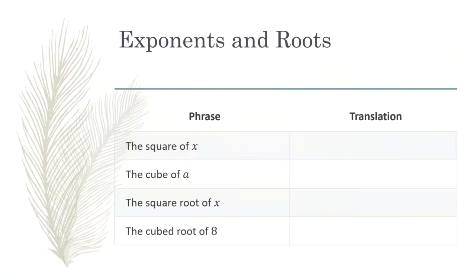Now, exponents and roots don't really have set words, because there are lots of examples, but the most common are having an exponent of 2 or 3, and then taking a square root or a cube root. These are very similar. If you look at my examples here, the only difference is whether it has the word root or not.